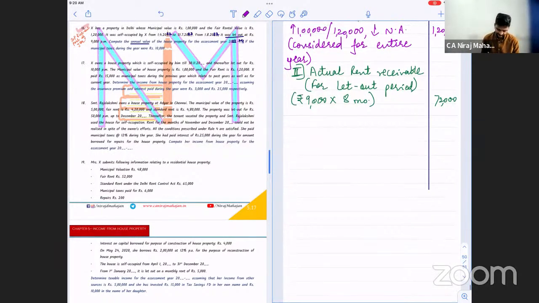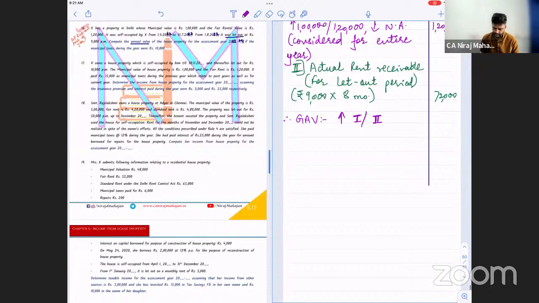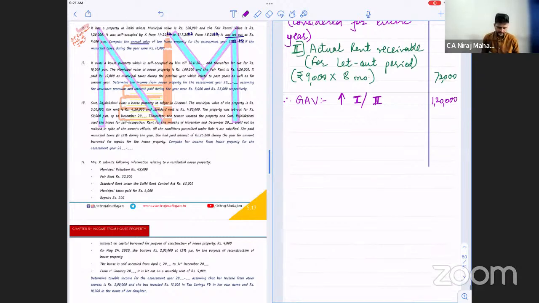Correct? Is higher of 1 or 2. Yes. 120. Agree, tell your all of you. That is my GAV. Calculate everything now, income from house property.